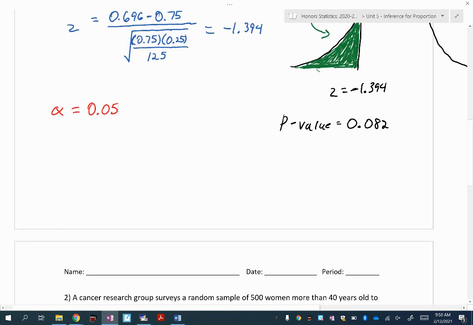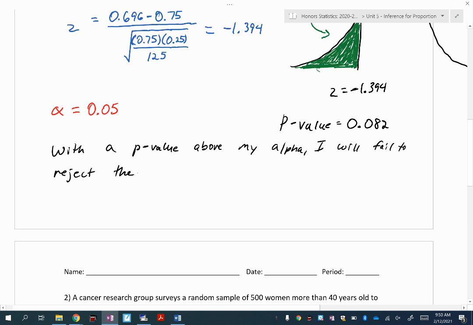All right, so with a p-value above my alpha, I will fail to reject the null hypothesis.